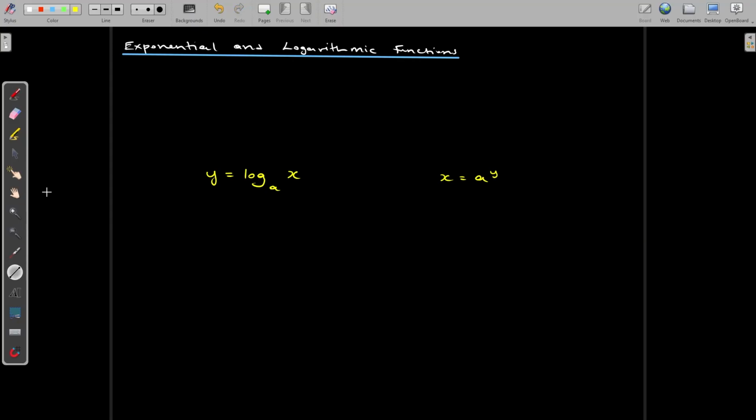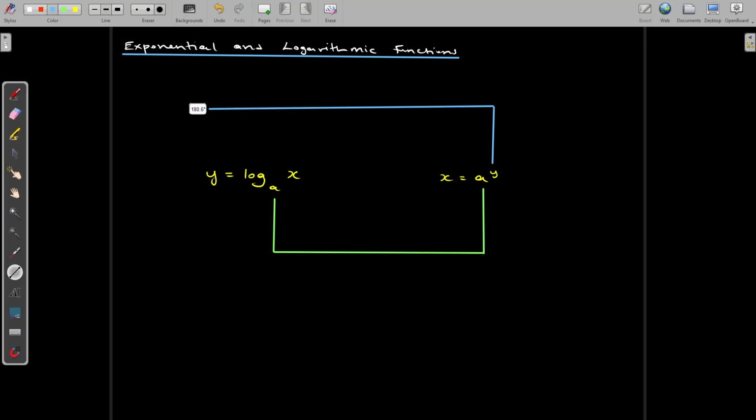And from this, the base would be the a here, and it would be the same as the a over here. So that's our base. While the exponent is the y, and it's the same y over here.